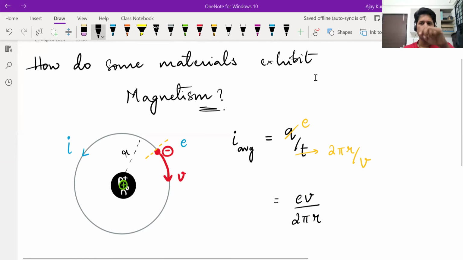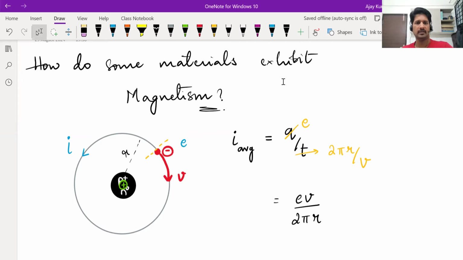So this orbit in which the electron is revolving, what will it effectively behave like?